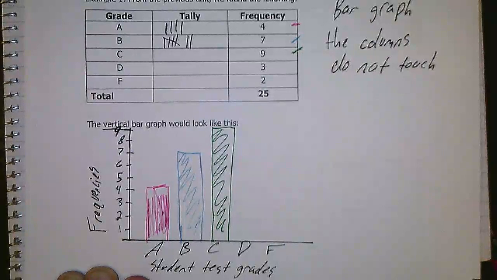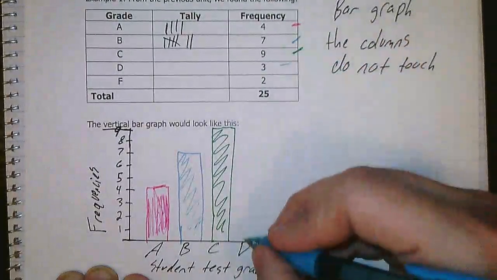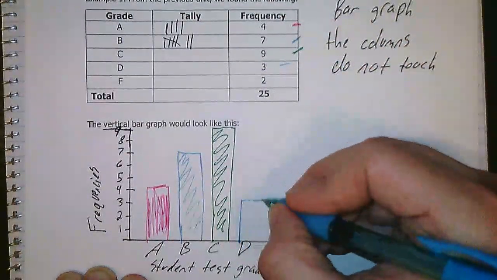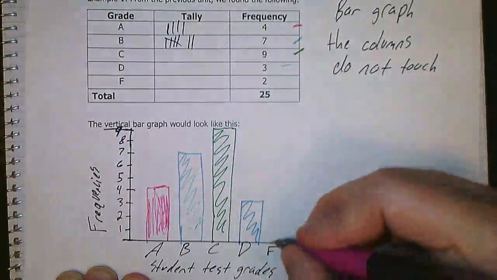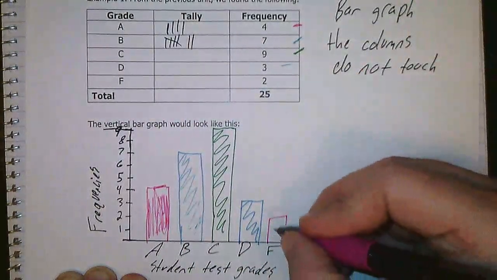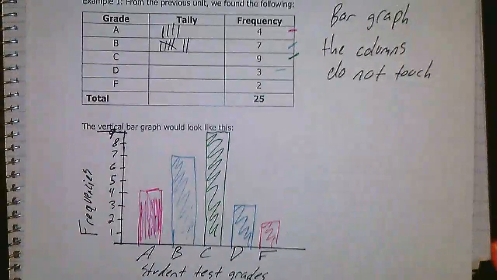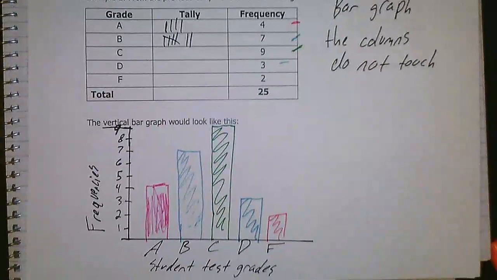And then D and F will be smaller bars because only 3 students made a D and only 2 students made an F. So there we have it. That is a vertical bar graph. Let's move on.